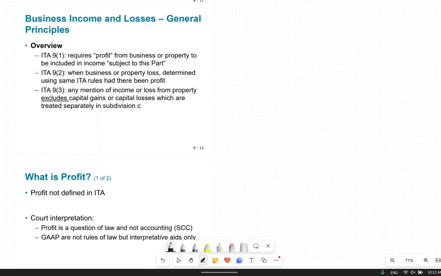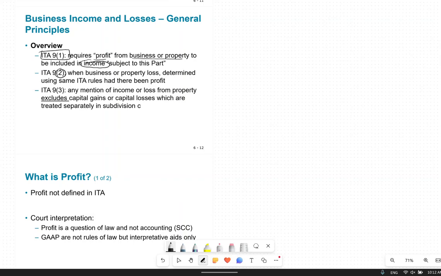Going further, it's saying business income and losses. This is just an overview. So which act do they go under, or where do we put them? Which division do they go in? Any profit from a business or property is included in income, according to Income Tax Act 9(1).